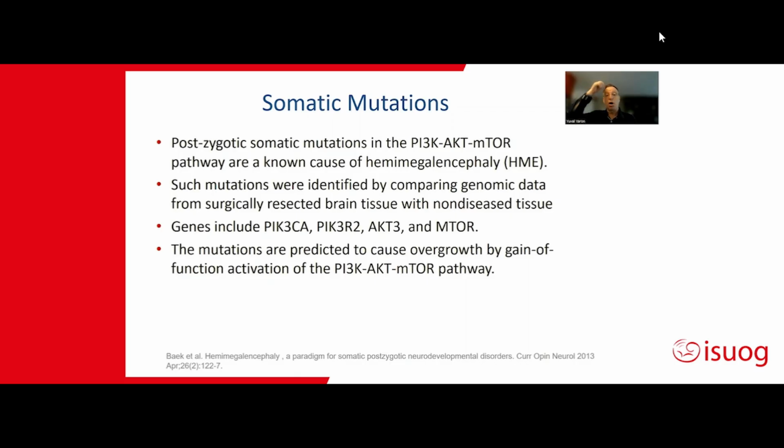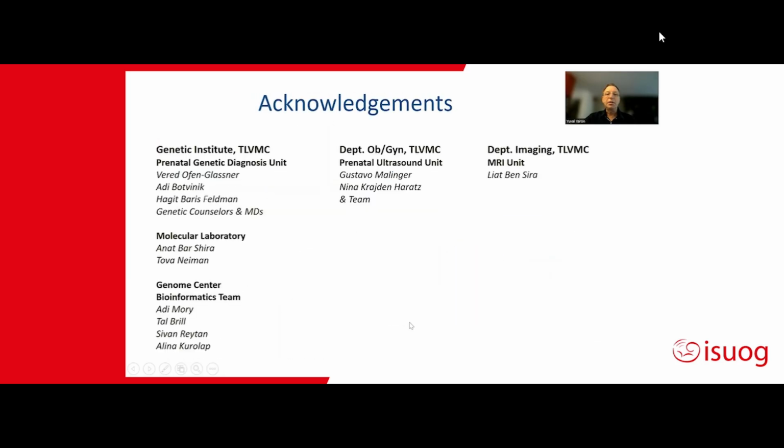These may cause hemimegalencephaly, but also macrocephaly and other abnormalities, and this requires taking a sample. It is challenging, and I can't figure out a way of taking a sample in an ongoing pregnancy. But when we analyze these cases postnatally, it's important to take note of this possibility. It's also important for the parents to know, because if it's a post-zygotic mutation, the recurrence risk is very, very low. And so with this, I complete.